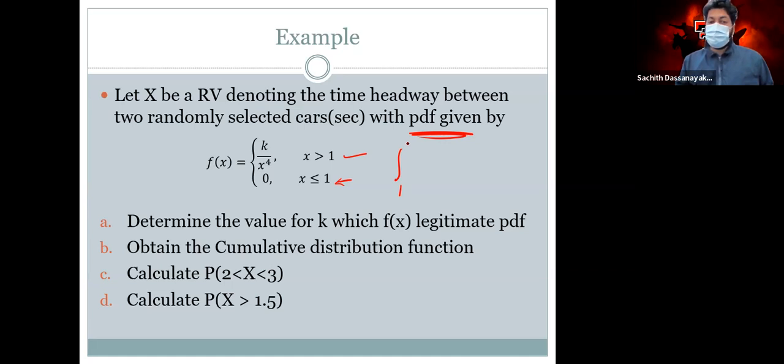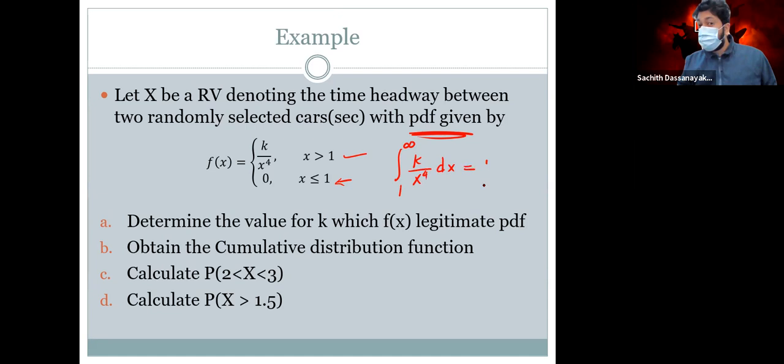They haven't mentioned, so x greater than 1, from 1 to infinity. There is no limit, infinity. Your PDF, k over x to the power 4, dx. Here your variable is x. What is this equal to?